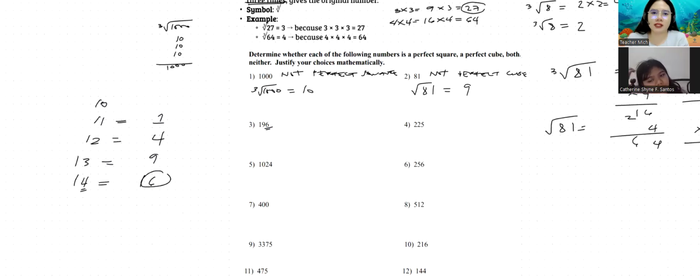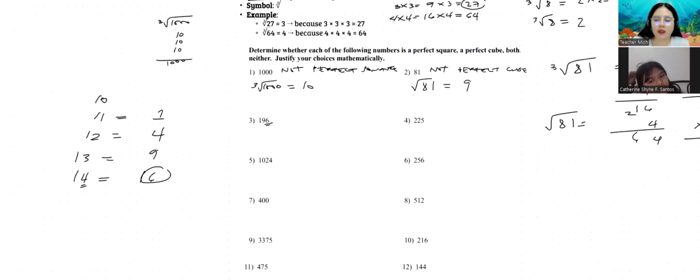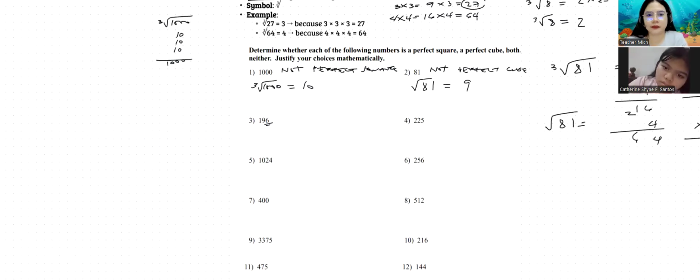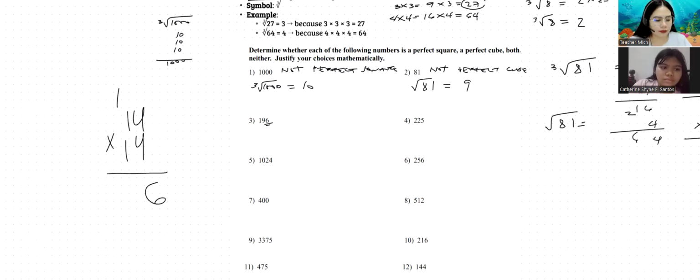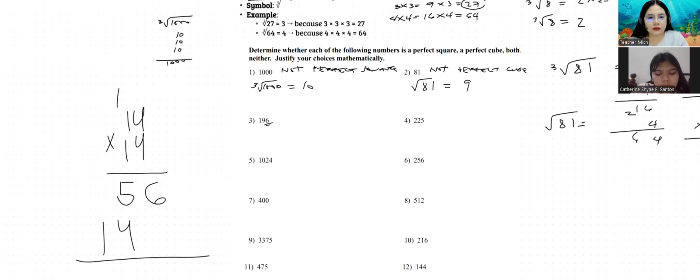You multiply 14 twice by itself and then see if that number will give us 196. Okay. So that is a perfect square with the root of 14.